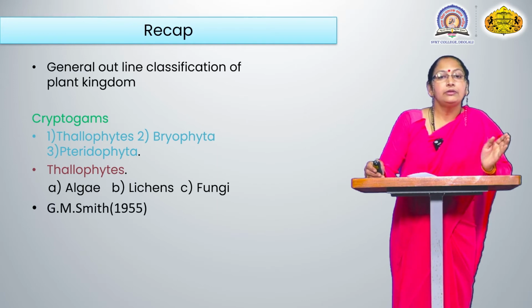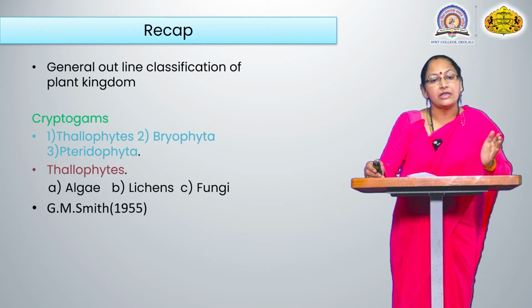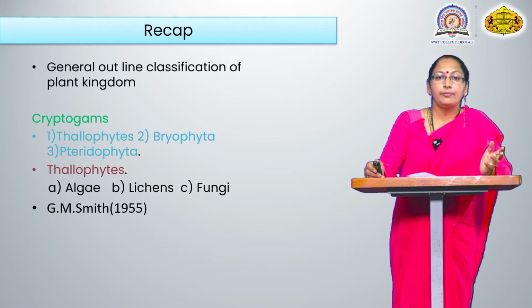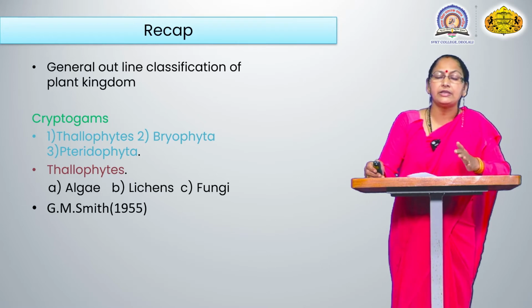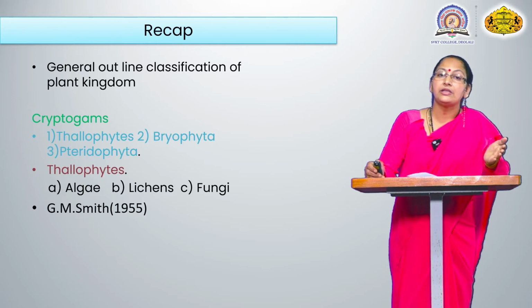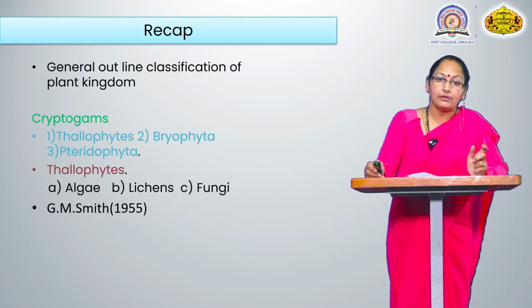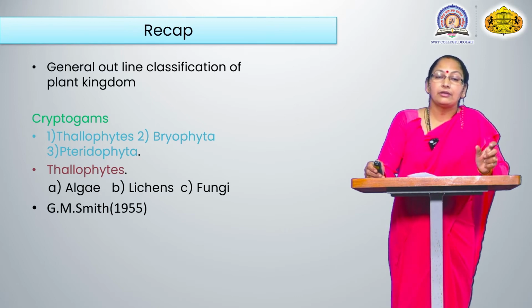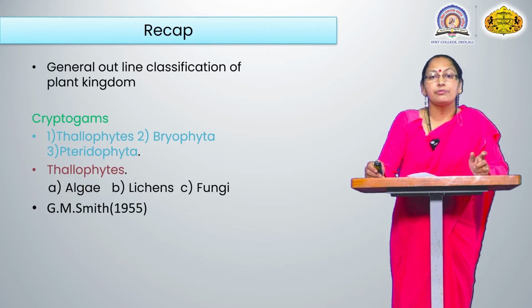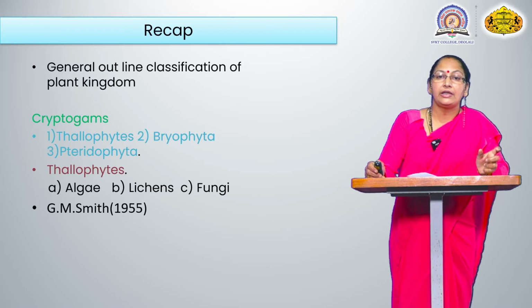Okay, in the last lecture we saw algae and the classification of algae, represented by Fritsch and the next one by G.M. Smith. But in our syllabus, TYBSc paper 1, Cryptogamic Botany, in the algae topic, the classification of algae represented is by G.M. Smith, 1955.